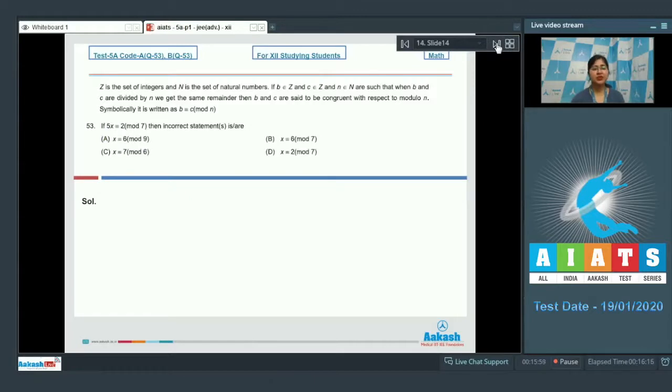Next is question number 53. It says when 5x is divided by 7, we get the same remainder as when 2 is divided by 7. Now when 2 is divided by 7, the remainder is 2. So we say that 5x minus 2 should be divisible by 7.